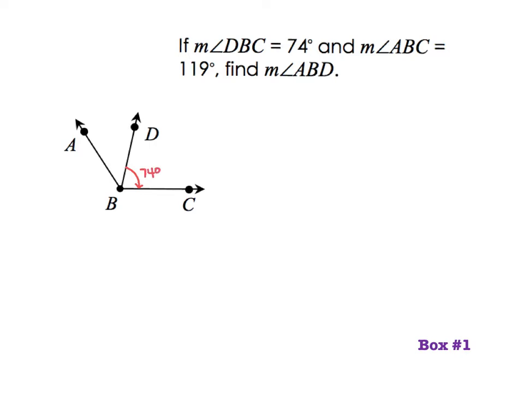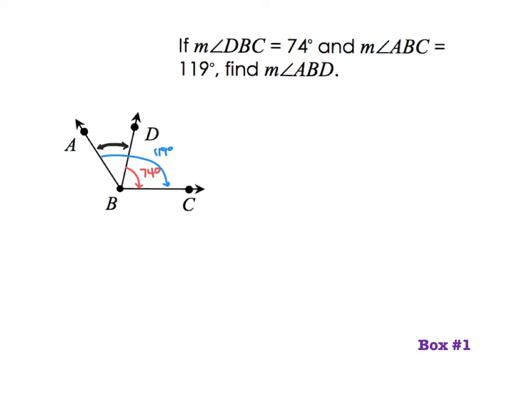And the measurement of angle ABC, that means this whole thing over here, equals 119 degrees. We need to find this measurement here, which is the measurement of angle ABD.